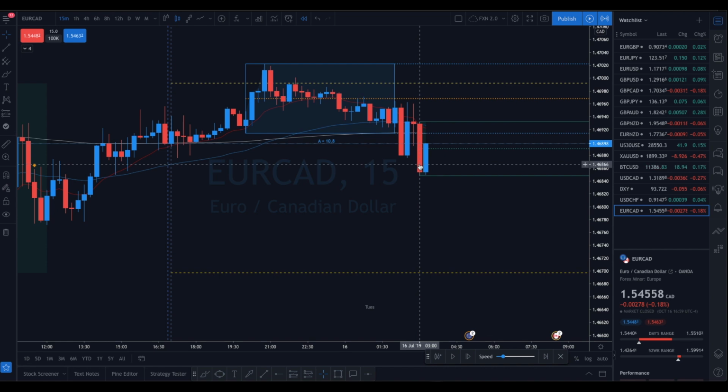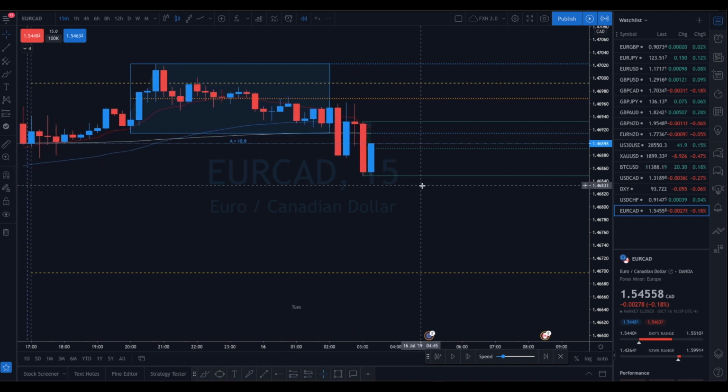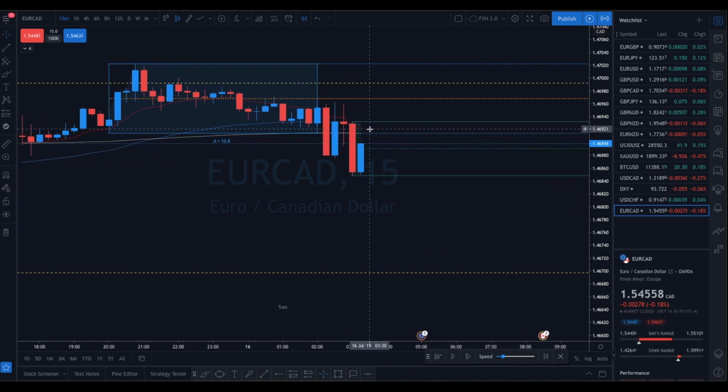Okay, so now the question that I'm really interested in seeing is, we've basically moved away and below the 50 and the 200 EMA, which are basically right here. Now, the thing that I would like to be interested in seeing is, does price push back?